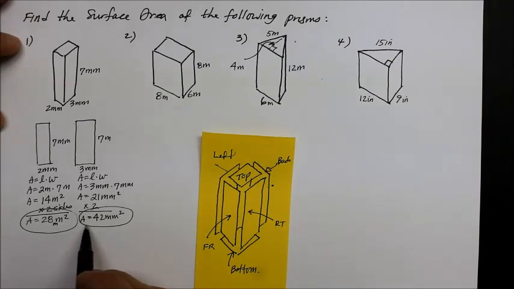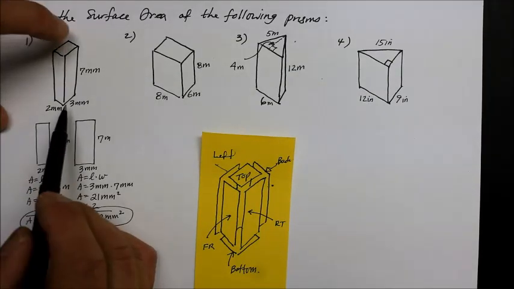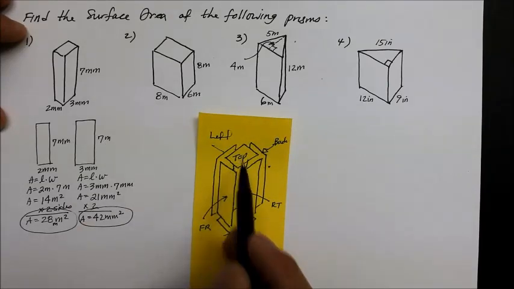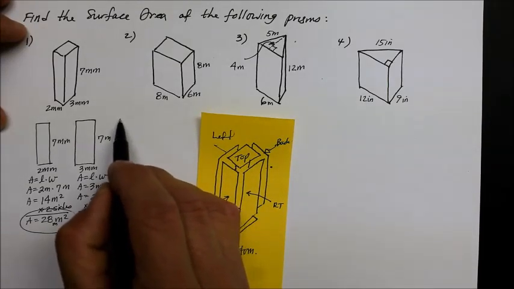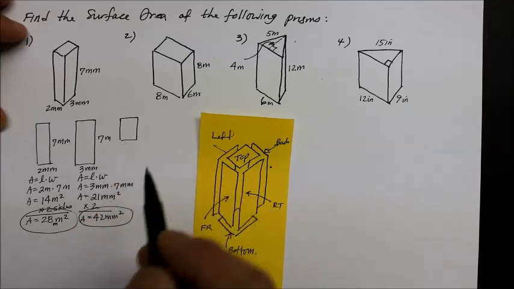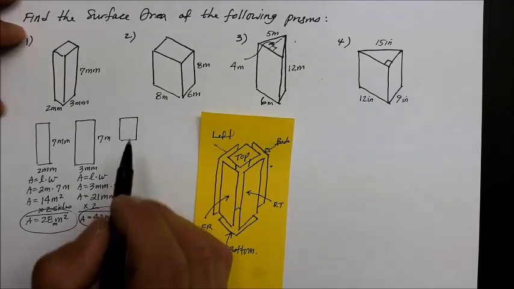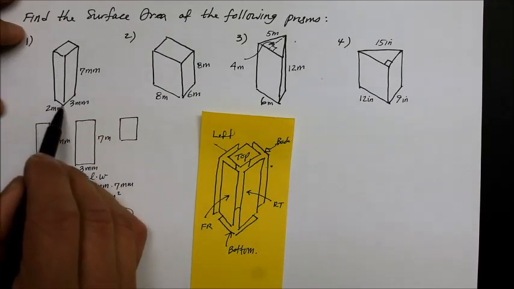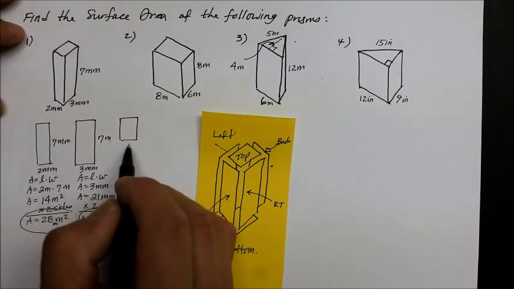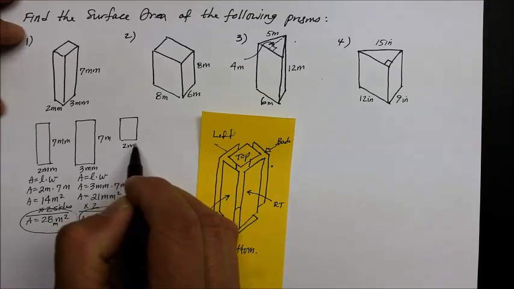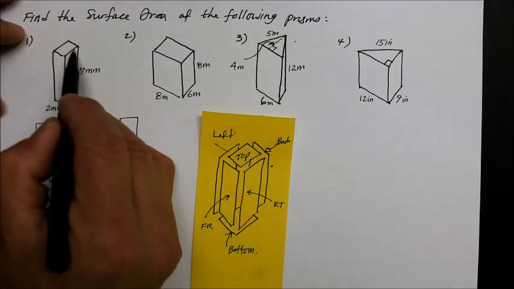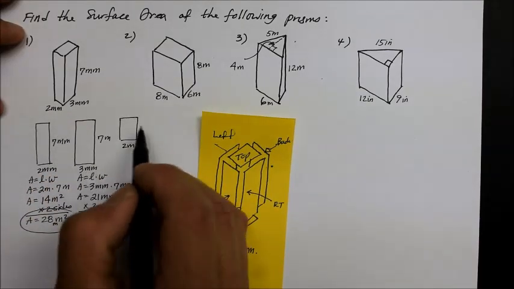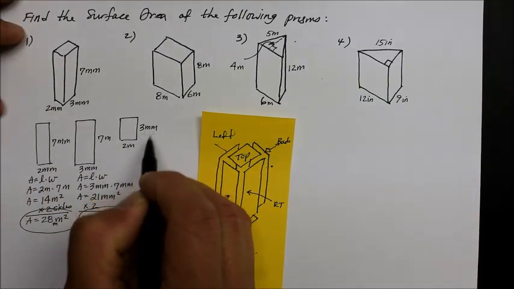Are we done? No, we need the top and the bottom. If I took the top and put it flat on the table and looked down on it, it's a rectangle. This measurement is the same as the base of the rectangle over there, so that's 2 millimeters. But this width is the base of this one, which is 3.